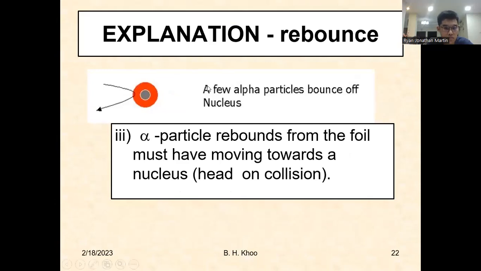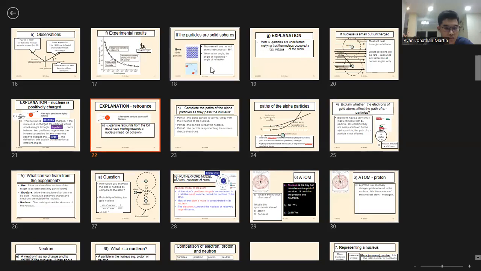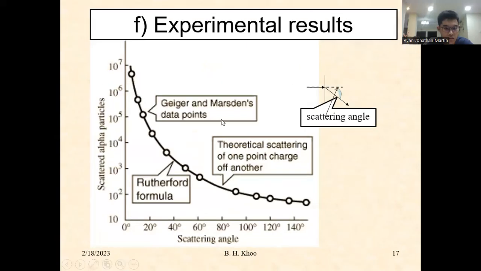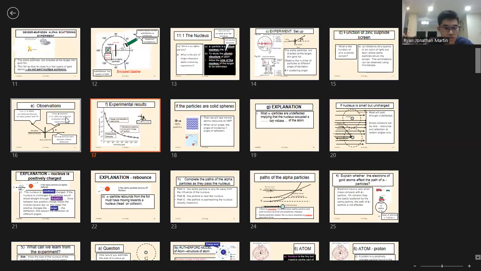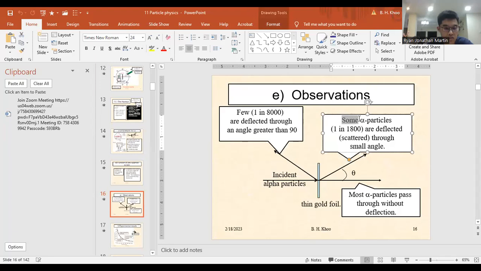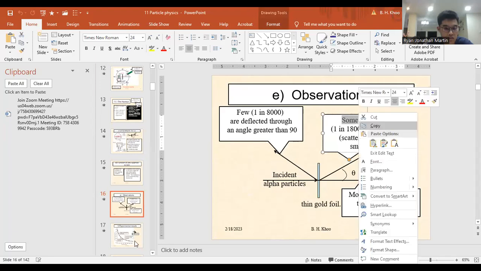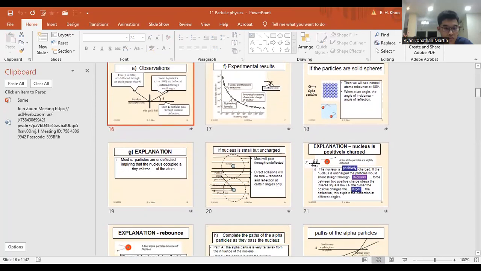A few. By right, it should not be a few, it should be some. Sorry, let me just do a correction. The term should be clear, because sometimes it has come out in the exam.